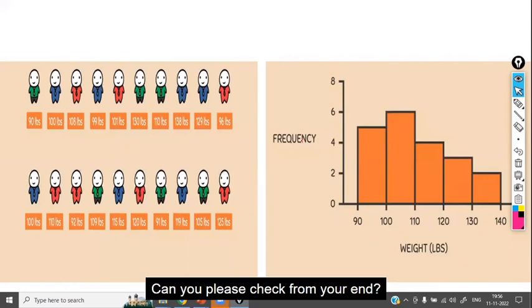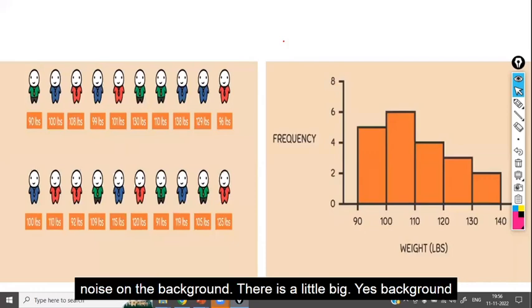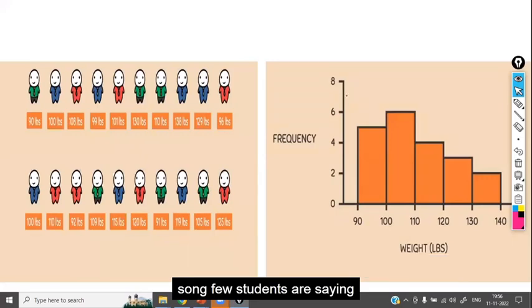Can you please check from your end? It is speaker sound. Okay, done. There is noise in the background, like a helicopter. Few students are saying background sound, few students are not saying.